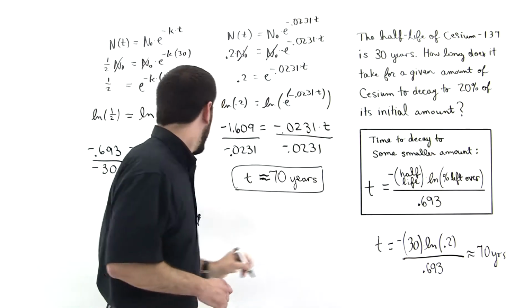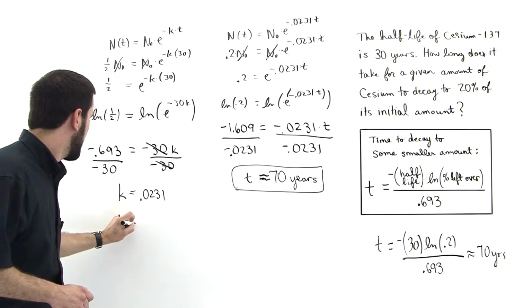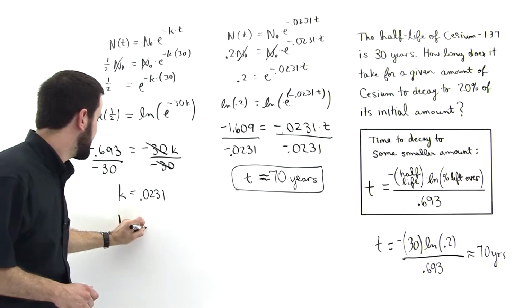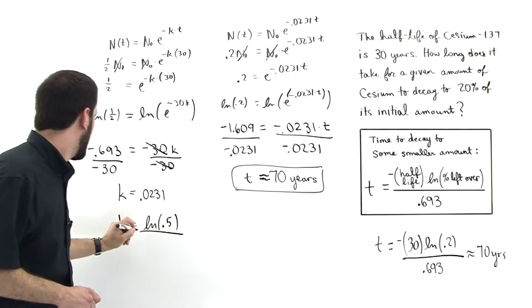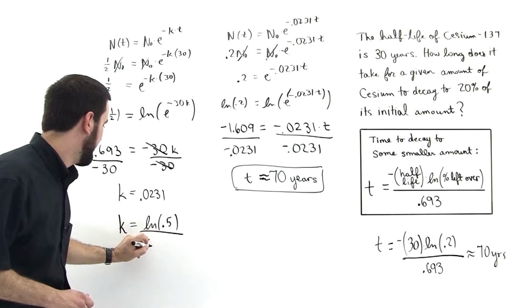But that's a couple of things to be aware of. To see where this came from, take a look at this k. This k is equal to, if you notice, the natural log of 0.5, and then this is the half-life, so this is divided by the negative of the half-life.